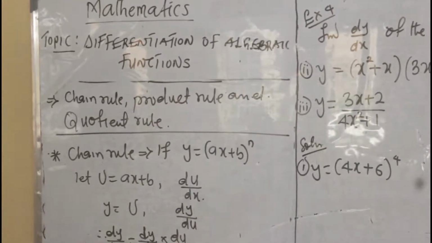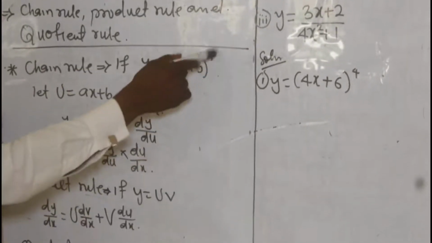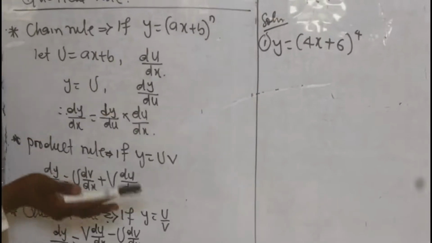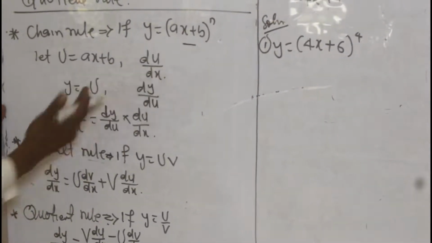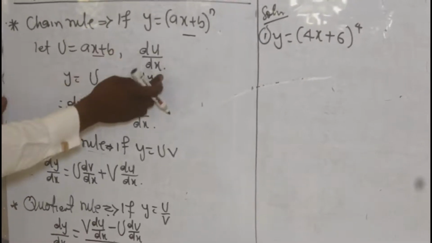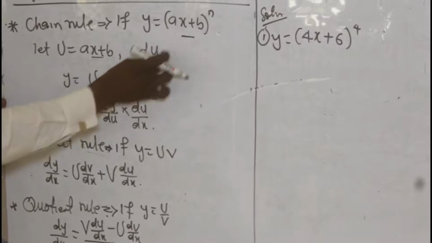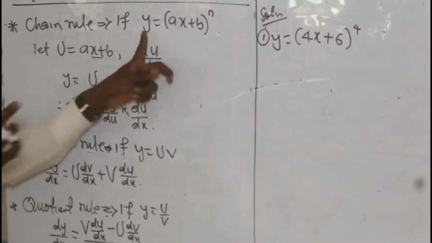So in that case, if for instance you have y is equal to (ax plus b) raised to the power of n, this n can be positive, it can be negative, it can be what? Fraction. So what you just need to do is you let whatever is inside your bracket be any variable. Here I let it be u, for instance. I now differentiate it. You now find du/dx. After you let it be something, you now differentiate it. Then if you have let it be u, for instance, what will be your y now?